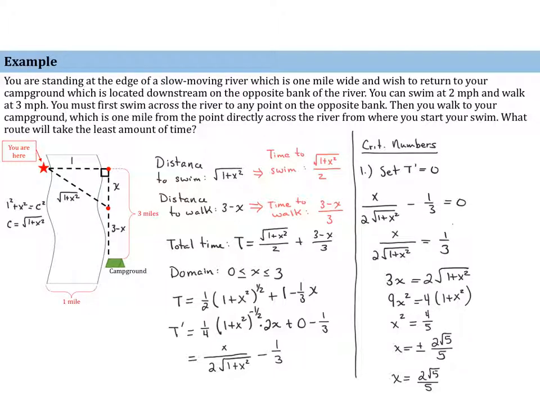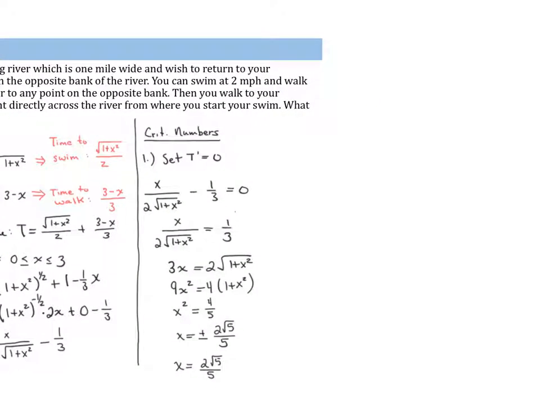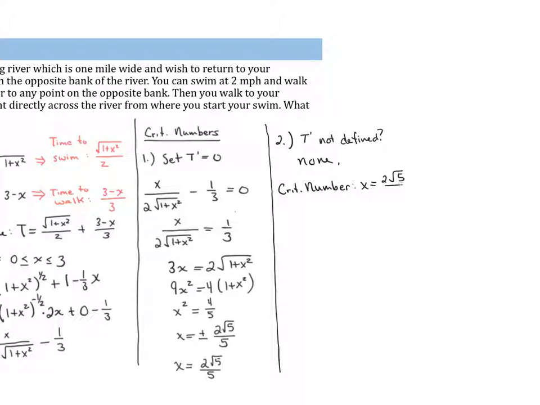But then, of course, we always check to make sure that we don't have a critical number because the first derivative is not defined. So are there any values for which t prime isn't defined? No. There are none. So therefore, we only have one critical number, namely x equals 2 square root of 5 over 5.